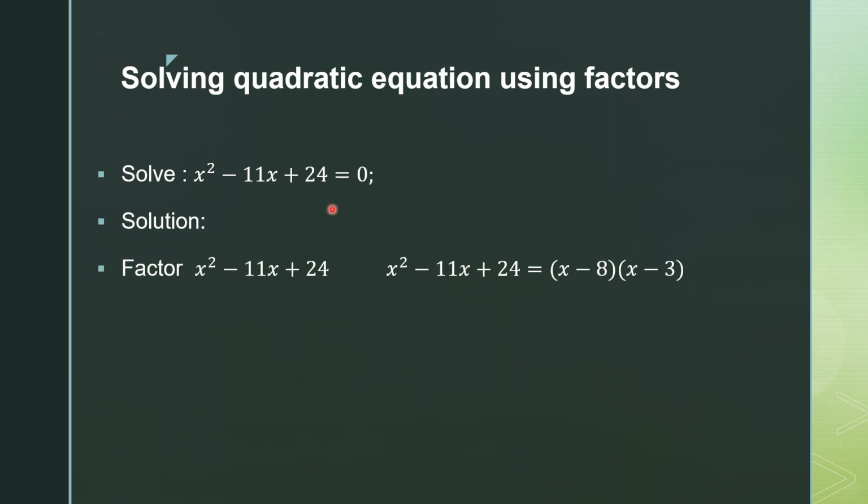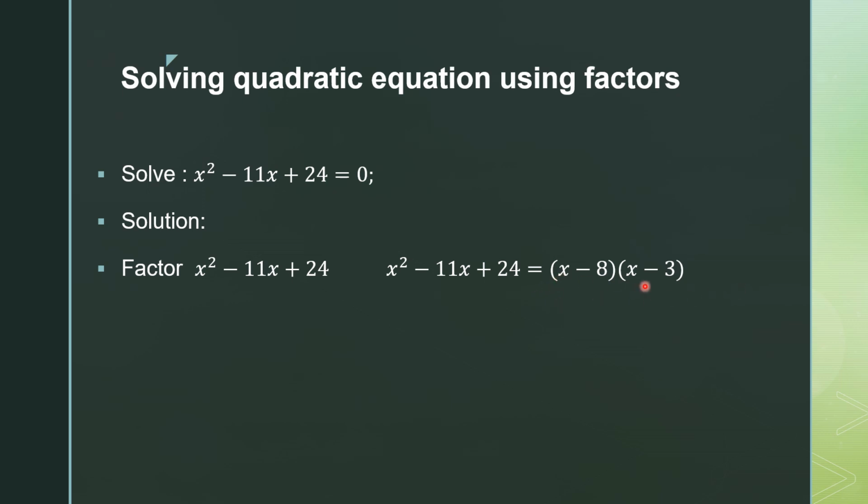And the factorization of this polynomial, x squared minus 11x plus 24, is equivalent to x minus 8 in one bracket multiplied by x minus 3 in the other bracket. Just to remind you of the method of factorizing this 3-term polynomial, we write two brackets.